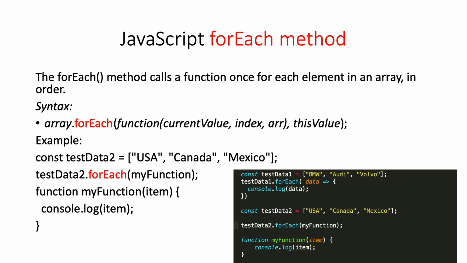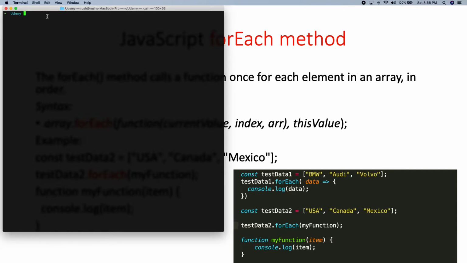Let's move to the terminal, and in our terminal create a file with ForEach file name .js, a JavaScript file.